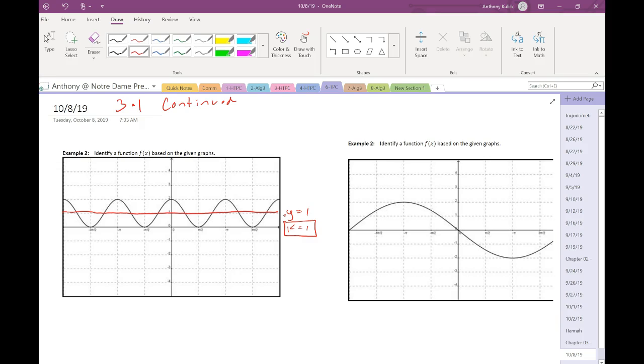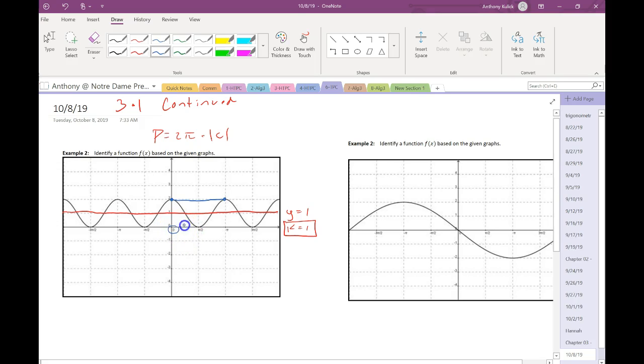Next thing I'm going to do is determine the value of c. I know that the period is equal to 2 pi times the absolute value of c. So what I'm going to do is determine the length of one period. If I count from maximum to maximum or minimum to minimum, I can determine the period. So let's say I want to go from this maximum to this maximum.